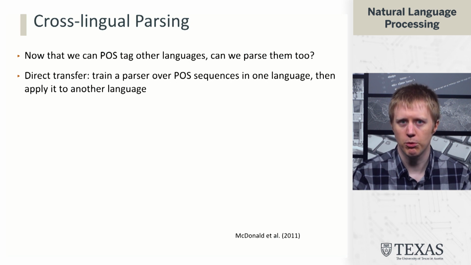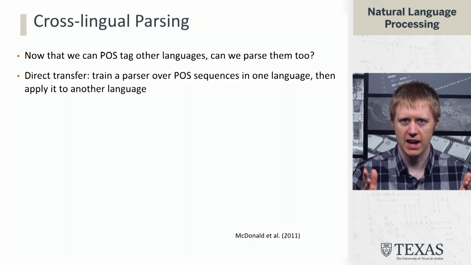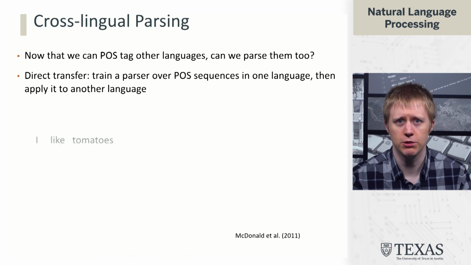And so there's been a lot of work, which I'm not showing and I'm not going to talk about, over the last decade, on how to come up with syntactic formalisms that work across different languages, where part-of-speech tags and labels for parsers and things like that are kind of universal. But assuming that we have some shared syntactic representation, one thing we can do is say, all right, we're going to just boil down all the sentences to their POS tags, and then train a parser over these POS tags in one language, and then directly apply it to a new language.